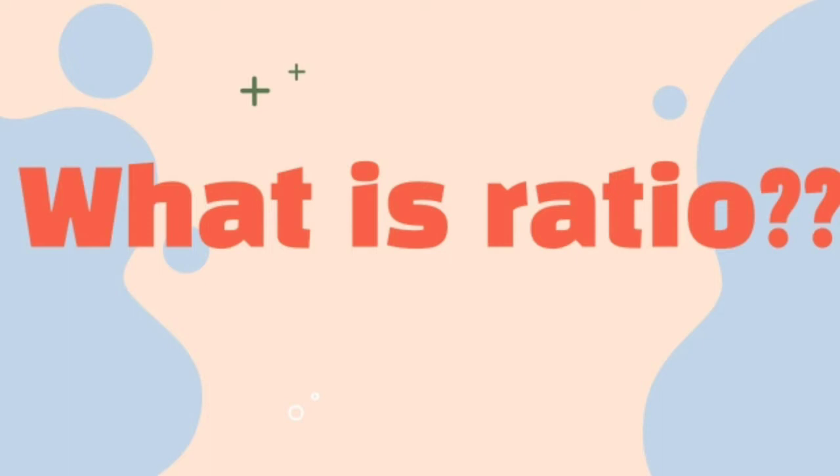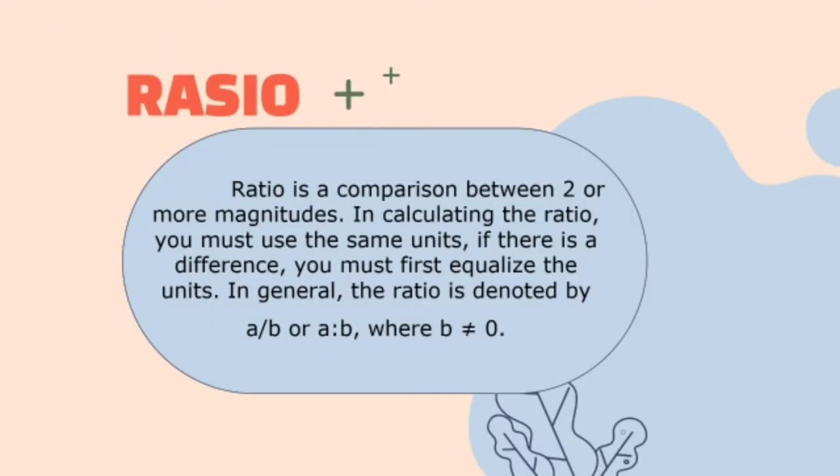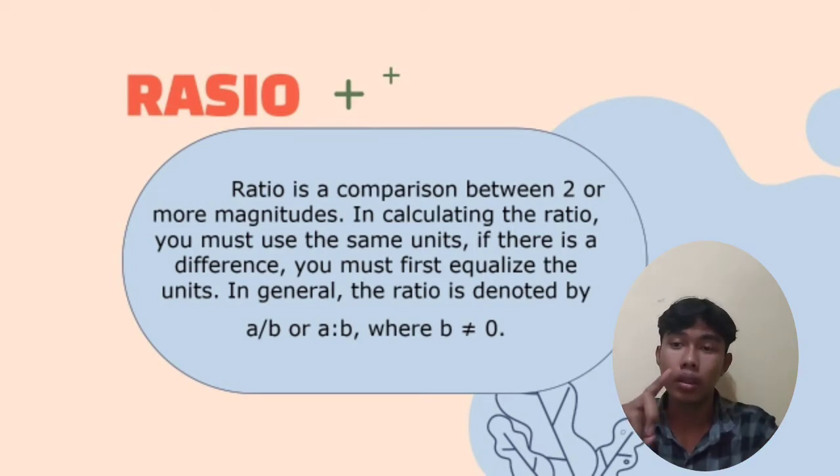What is ratio? Ratio is a comparison between two or more magnitudes. In calculating the ratio, you must ask the same units.